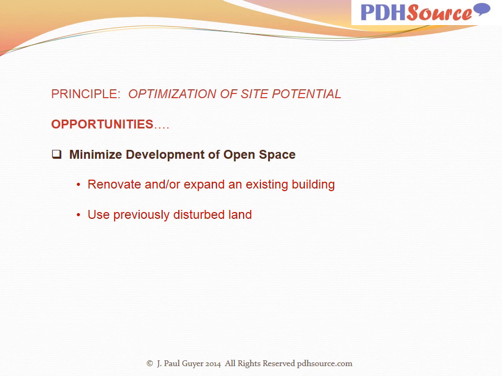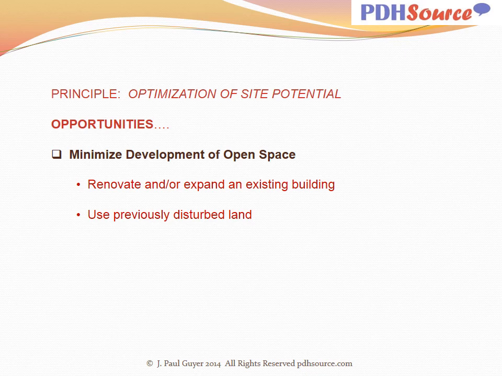Now let's look at the first of these principles of sustainable design, the optimization of site potential. You have a given site, but there are things in almost all cases that you can do with the site. You have different choices. One of the opportunities that may exist on your project is to minimize development of open space.